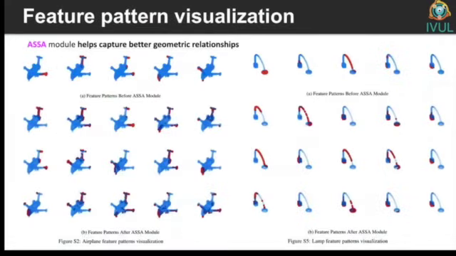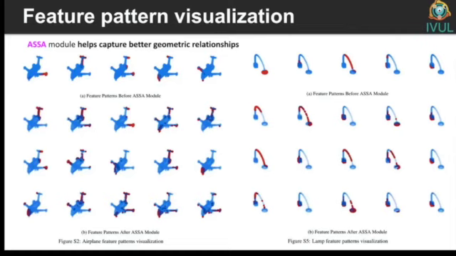For better understanding of what happens in the ASSA module, we visualize the feature patterns learned in the first ASSA module. We found that the ASSA module helps capture better geometric relationships. We used the airplane in the ModelNet40 dataset as an example. We showed feature patterns before the first ASSA module and after the first ASSA module.